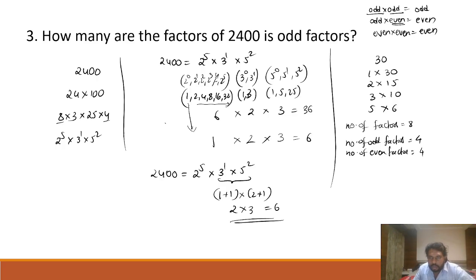There is one more thing: even power even or even power odd always gives you even, because even into even gives an even number. If you multiply an even number an odd number of times or an even number of times, you are going to get an even number only. Correct?